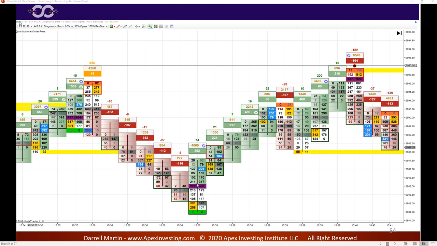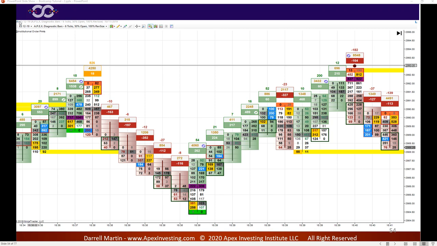And when the big boys push this bar back up, where do I want my sniper order waiting? One tick above the close of this bar to ride it up with the big boys. Makes sense? So that's how that trapped order got created. Now see, there's an exhaustion box down here.